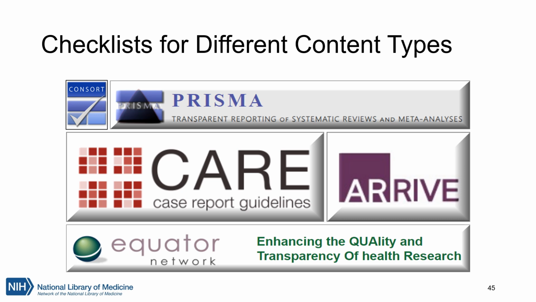Equator, Enhancing the Quality and Transparency of Health Research, is an international initiative that seeks to improve the reliability and value of published health research literature by promoting transparent and accurate reporting and the wider use of robust reporting guidelines. It carries the tagline, "A one-stop shop for writing and publishing high-impact health research."